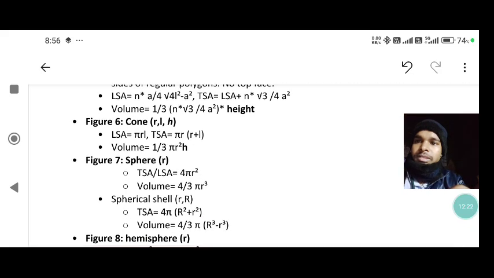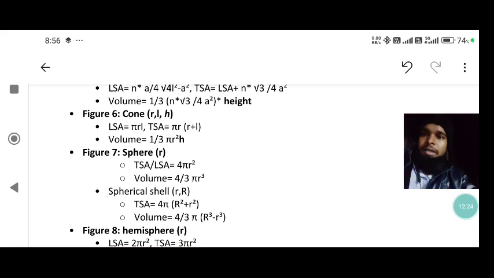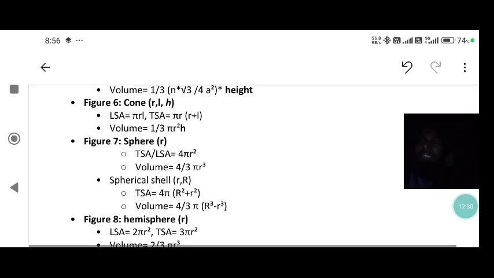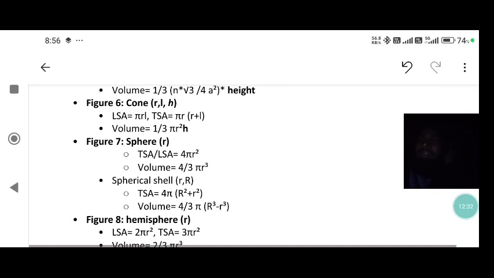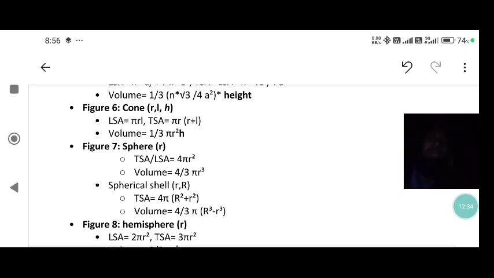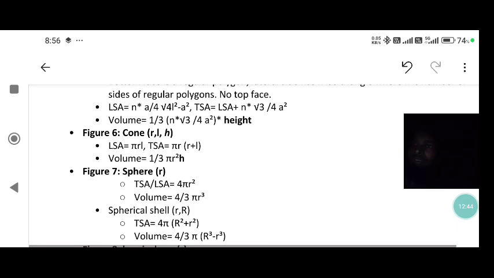About the volume, it is 1/3 the area of the cylinder, which is pi r square h. H is the height. It is to be noted.